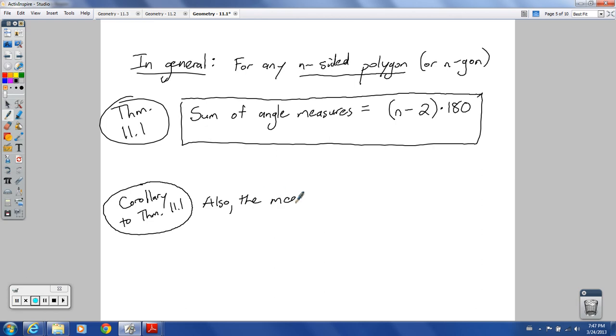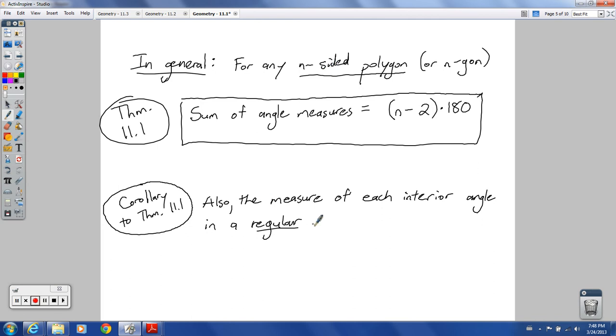the measure of each interior angle in a regular n-gon. So notice the difference here. This was any n-sided polygon.